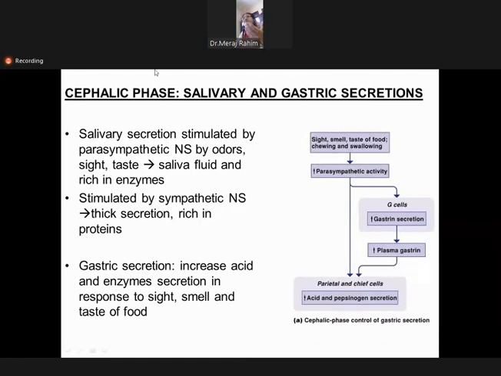So whenever we take something in the mouth, the salivary secretions get stimulated by the parasympathetic activity. The nervous system is excited, and then it stimulates the gastric cells to secrete gastrin, and then the parietal cells to secrete. So whenever we take food in our mouth, automatically the nervous impulses go towards the CNS, and they also cause secretions within the stomach and stimulate the cells of the stomach so that they secrete all these enzymes, so that the digestion begins in the mouth and also in the stomach.